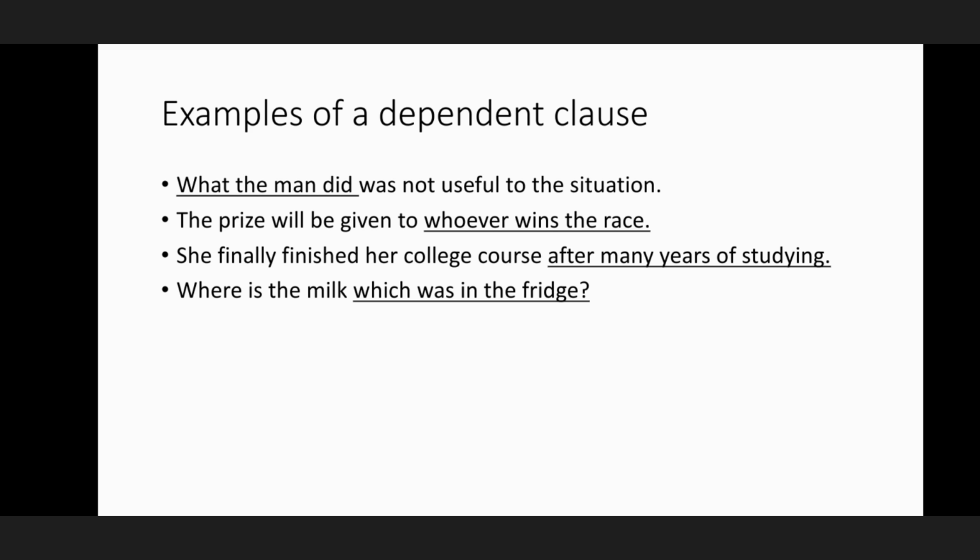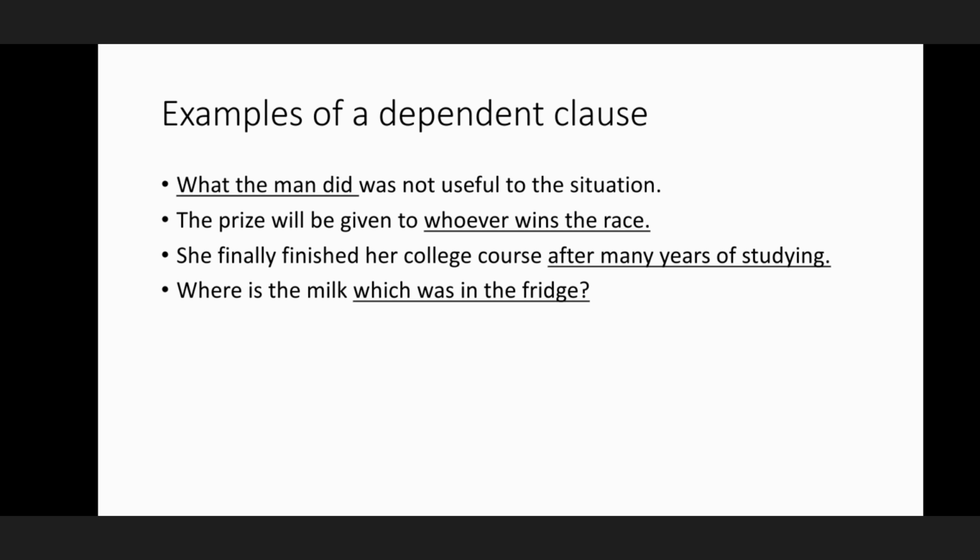If we are to say what the man did on its own, it's not meaningful. Was not useful to the situation as well is not meaningful. Until we have the two joined together, that is when we have a complete sentence. So what I underlined there is called a subordinate or dependent clause. I hope that is clear.